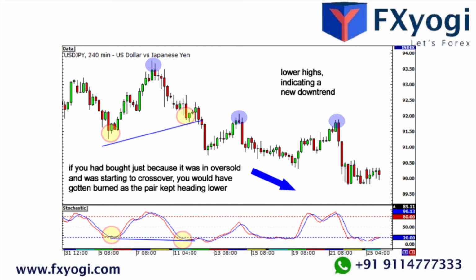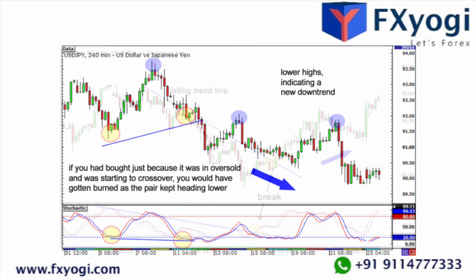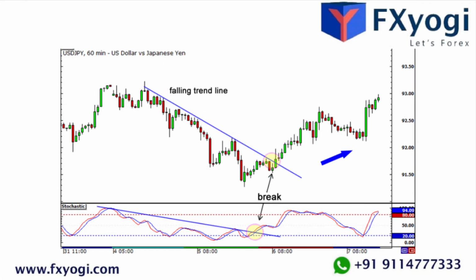In fact, a new downtrend is probably in place as the pair is now forming lower highs, and if you were stubborn, you might have missed out on this down move too. If you had waited patiently for more confirmation that the divergence has formed, then you could have avoided losing and realized that a new trend was developing.